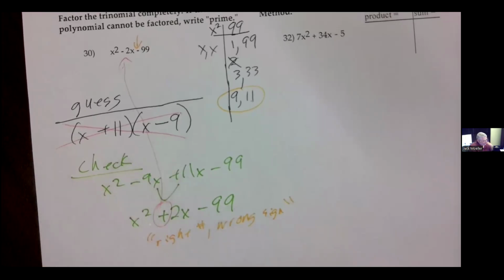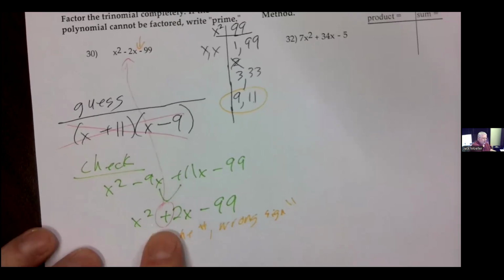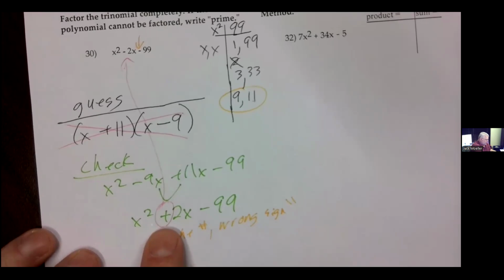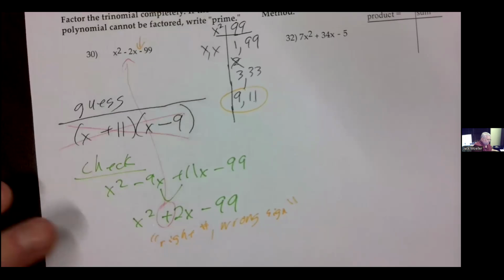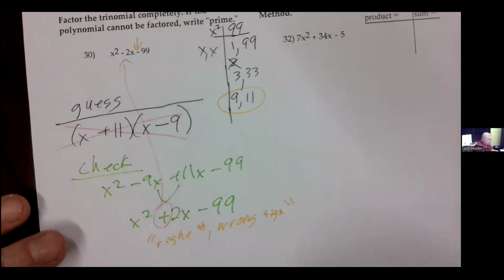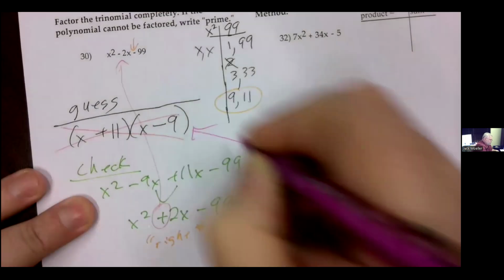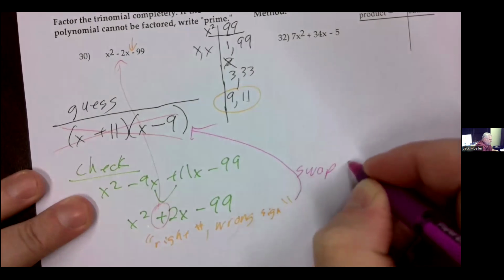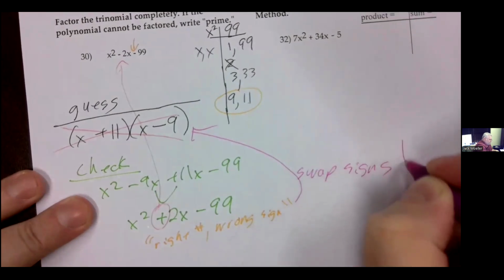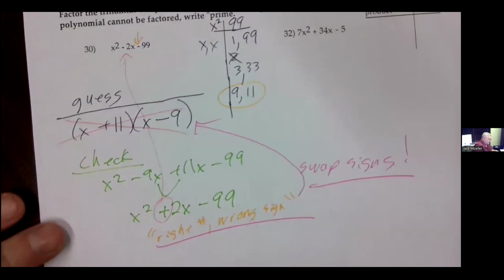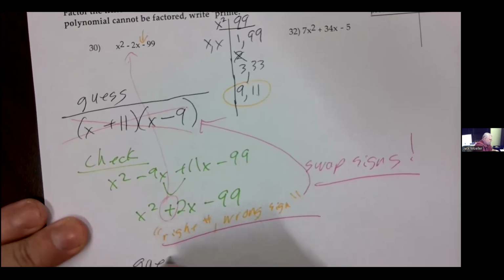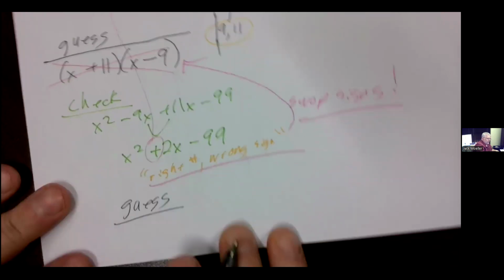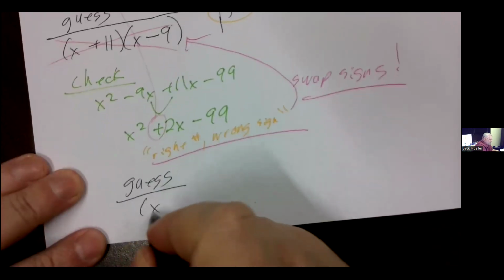The nice thing about having the right number, wrong sign is we basically just need to swap this from a positive to a negative. Well, how do we do that? We swap these signs. So now our next guess, which many of you have already done, but again, like I said, I wanted to do it the wrong way because I think this is educational.